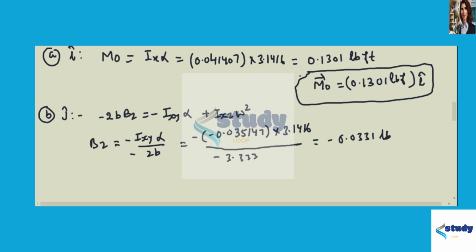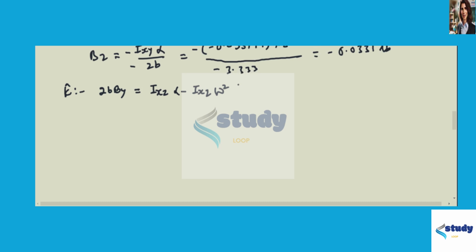pound. Similarly, for k cap, you may write 2b By is equal to Ixz alpha minus Ixy omega square. Again, omega is 0. So from here, we can find the y component of dynamic reaction at B, and it would be Ixz alpha upon 2b.